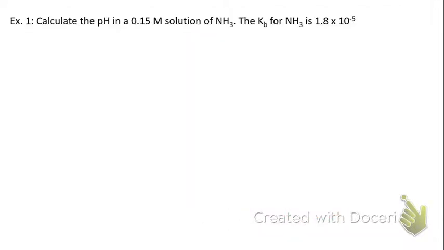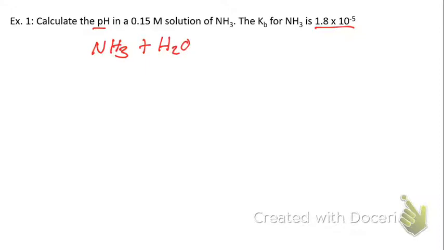All right, let's do some problems using the ideas of weak bases and ICE. Here we need to calculate the pH of a 0.15 molar solution of ammonia. Ammonia is a weak base with a very small Kb value. So we write the reaction. Ammonia, NH3, has a lone pair on the nitrogen, so it's going to react with water.